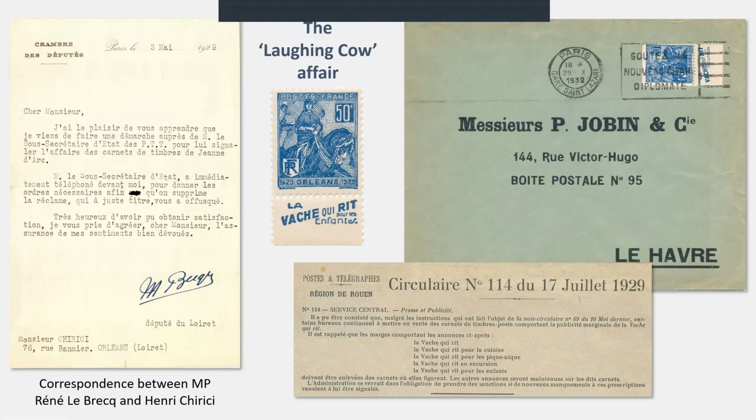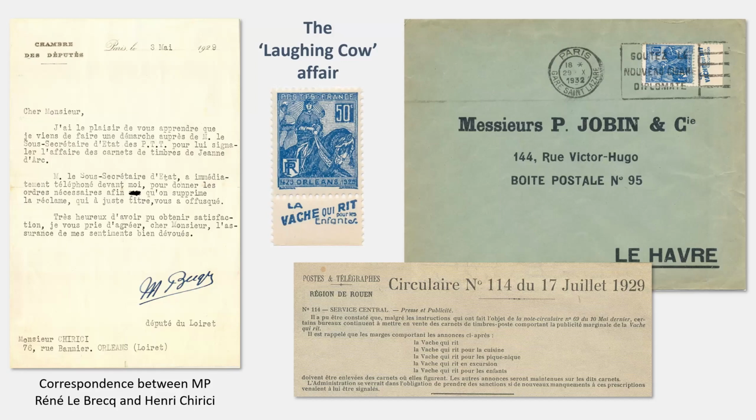The Laughing Cow affair. I think this must be one of the most famous stories in the history of the French stamp booklets. There was a considerable outcry in Orléans against the rather irreverent juxtaposition of publicity for La Vache qui rit, laughing cow cheese, below the image of their saint.